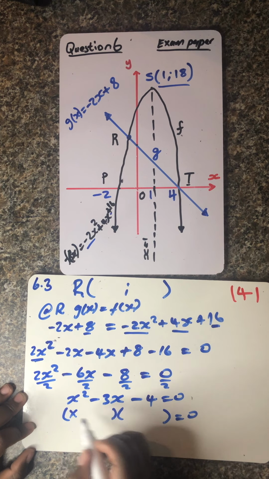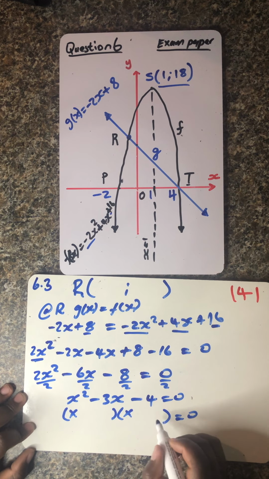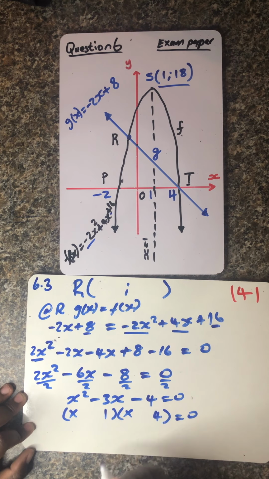Okay, so your x, what number when multiplied by that number gives you 4 is this one. Obviously, in terms of the signs, ladies and gentlemen, we should be careful here. I think if you make it a minus there and a positive there, it's going to easily give you that number.